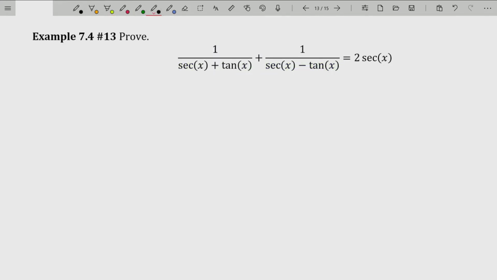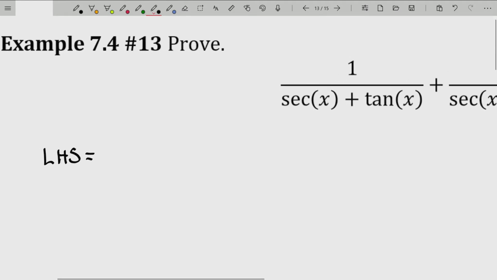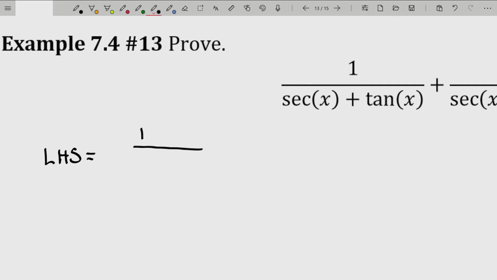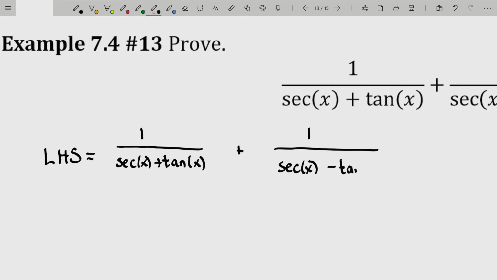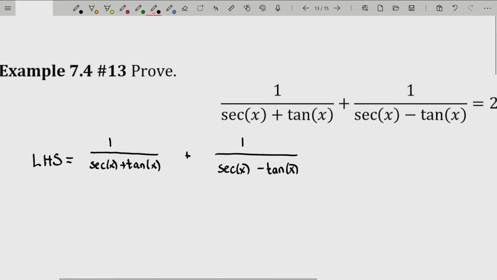Left-hand side is equal to, I'll zoom in, 1 over secant of x plus tangent of x, and then plus 1 over secant of x minus tangent of x.